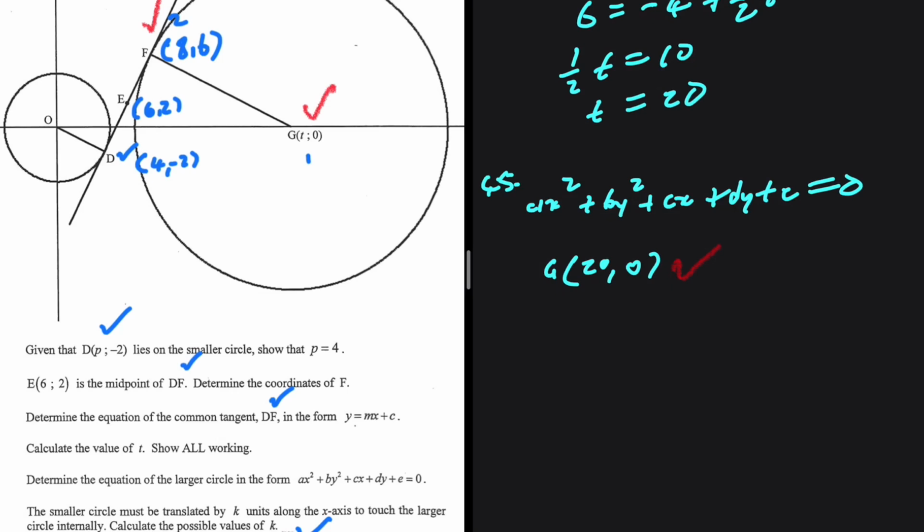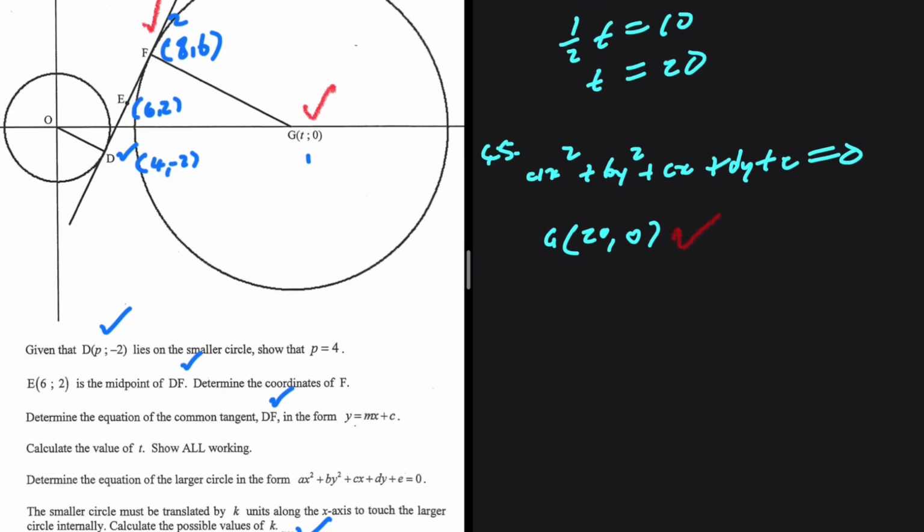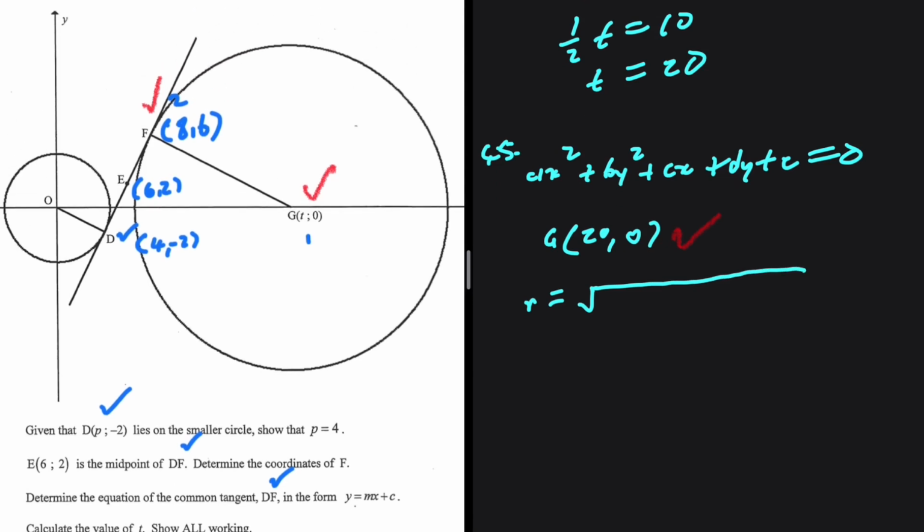So let's see how we can find the radius. Let's find the radius first, and then we're going to find the radius squared. So this is going to be the square root of the distance formula. GF is the radius. So if we find the length of GF, then we have the radius.